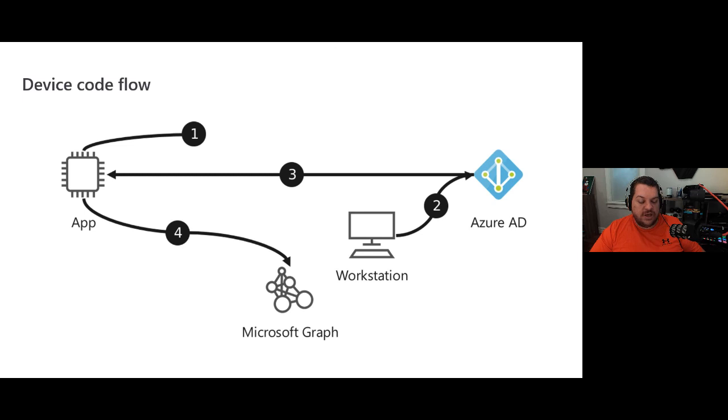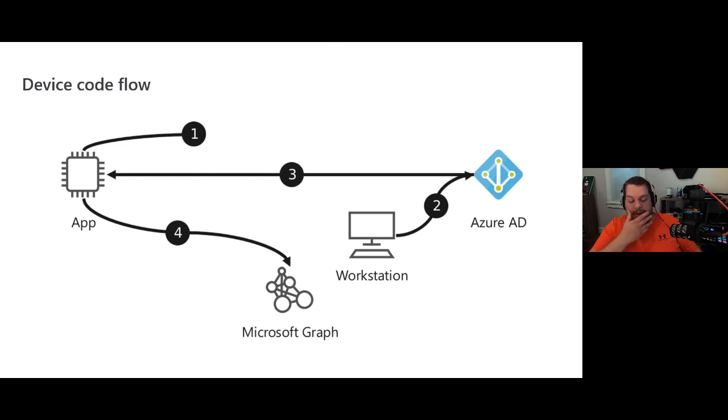So for the user, they will go to some type of workstation, laptop, desktop, whatever it may be. They will log in from there to Azure AD. And then once they log in to Azure AD, the IoT app, since it has that same unique device code, will receive the credentials and then it will be able to access services such as the Microsoft Graph or Storage or Azure Cosmos using the credentials.